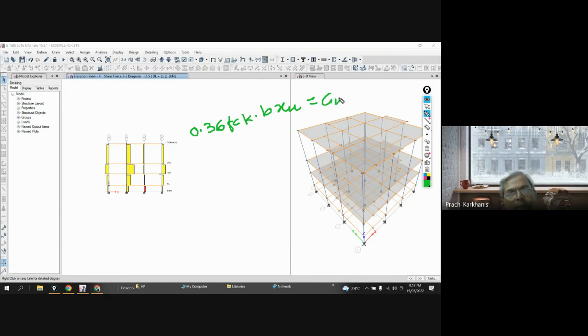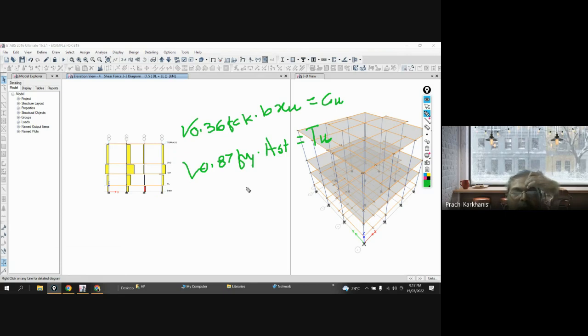Yes sir. Okay. And you are saying 0.87 fy Ast, fy into Ast, that you are considering as Tu. Yes sir. तो इसी में वो सब आ गया. अच्छा. तो आगे कुछ करने की जरूरत नहीं.